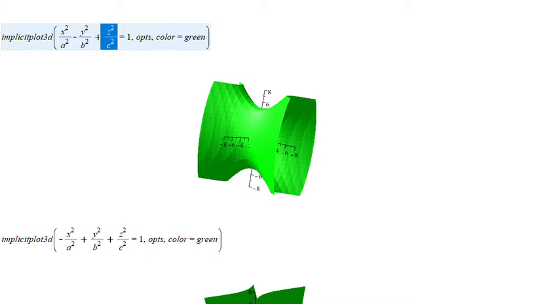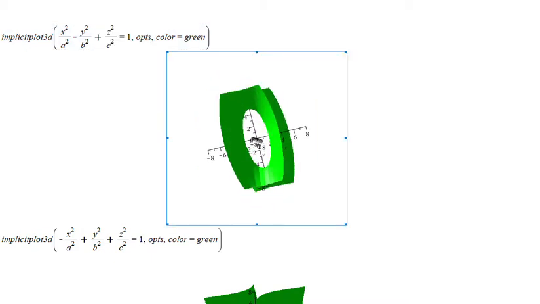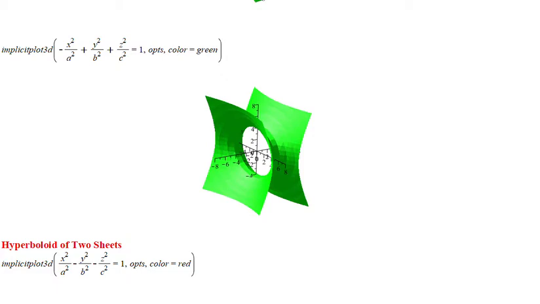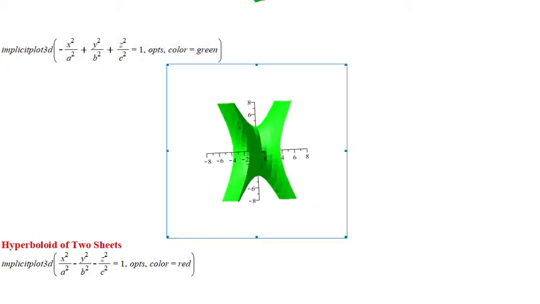Here we are, if I can get it oriented right. Now here we are looking straight down the y-axis at the image in the xz plane, and you'll notice that what we see here are some hyperbolas.